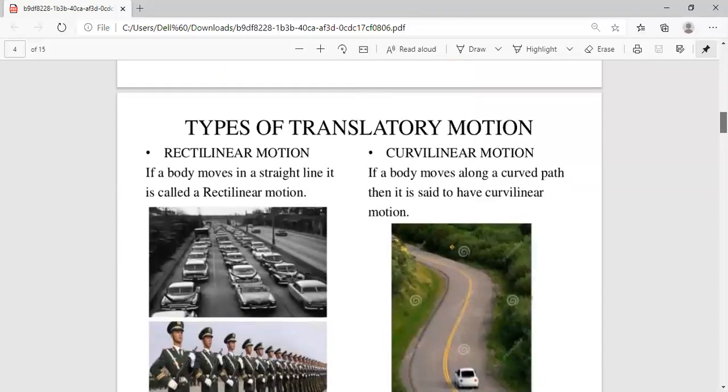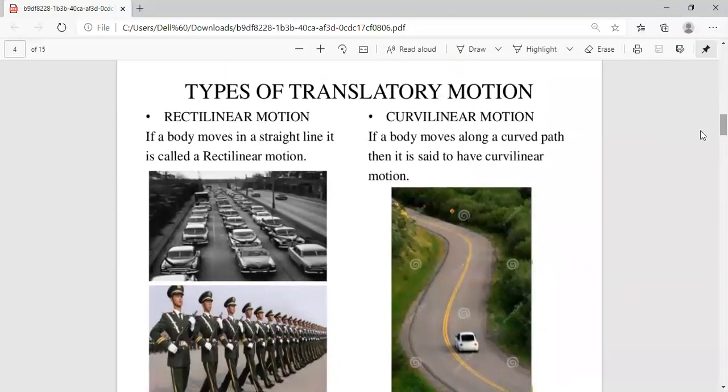Now translatory motion is divided into two parts. One is rectilinear motion and the second is curvilinear motion. So let's see what is rectilinear motion. If a body moves in a straight line, it is called rectilinear motion.